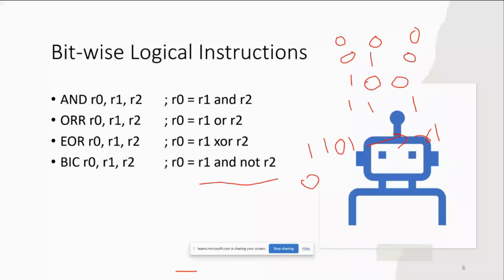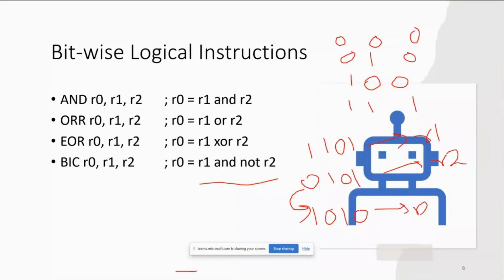Then when we do NOT R2, we have AND NOT. NOT is always performed before AND. So we perform the NOT. NOT means just flipping the bits: 0 becomes 1, 1 becomes 0, 0 becomes 1 and 1 becomes 0. This is the complement of R2, NOT R2.